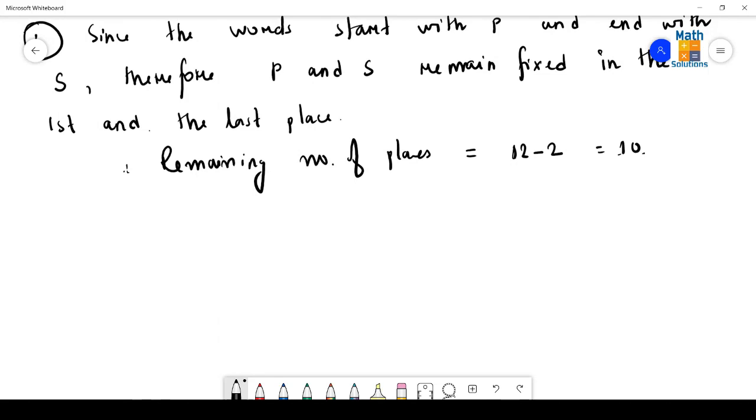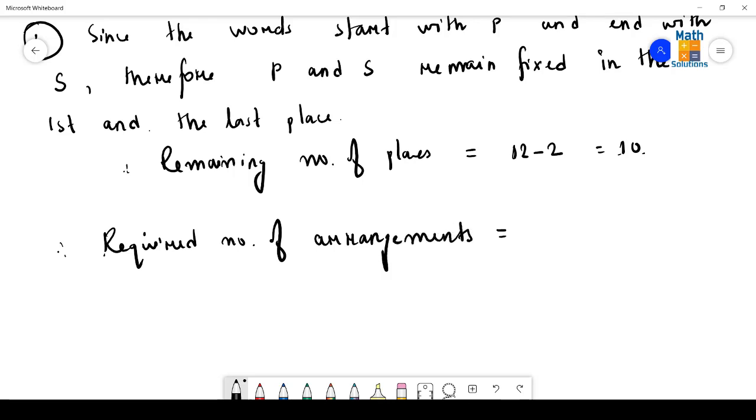So in this case, required number of arrangements, or you can say permutations, will be equal to 10 factorial, as only 10 letters are there for arranging the letters of these words, divided by, there is repetition with the letter T only.